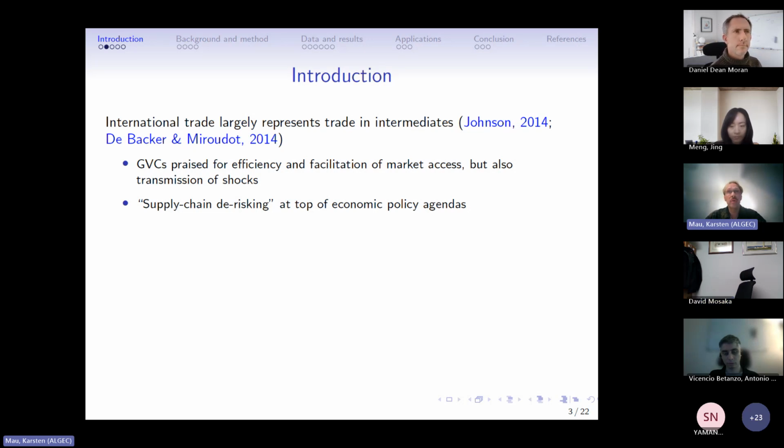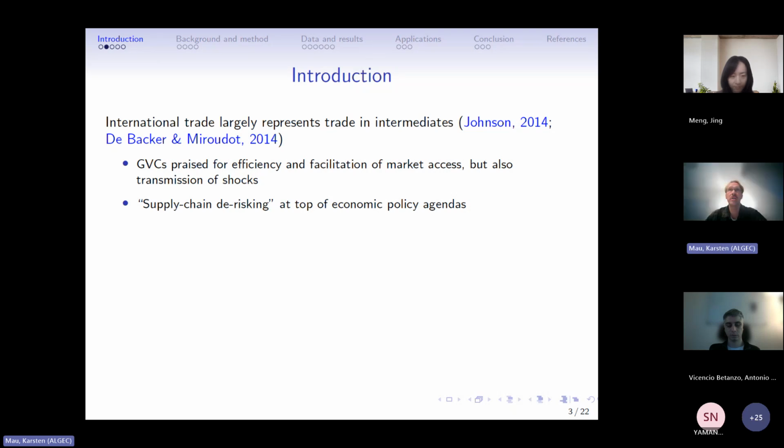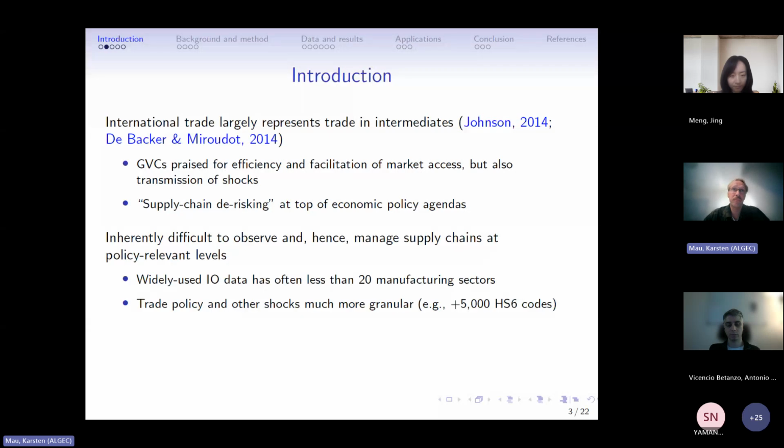In principle, the main problem that we are facing as trade economists or empirical economists is that whenever we would like to analyze the propagation of shocks along the supply chain, we are typically missing detail in our data.